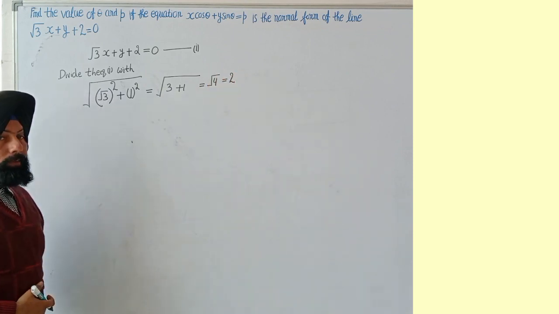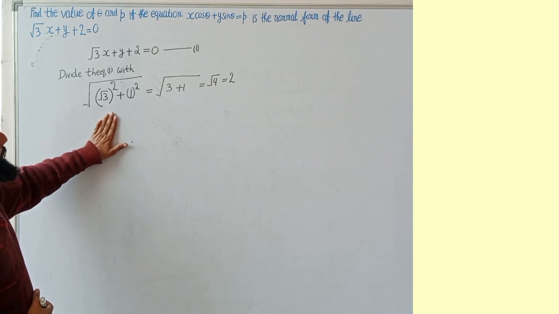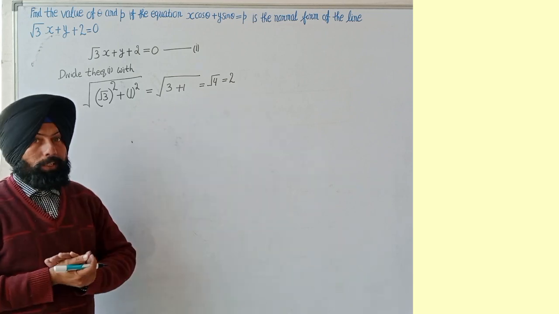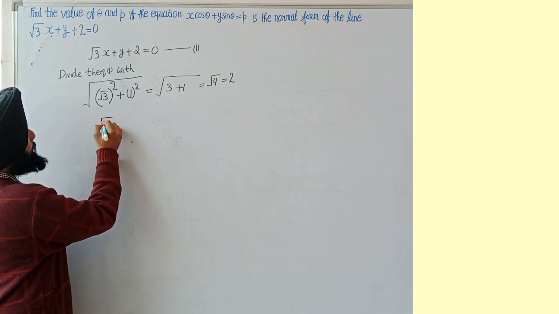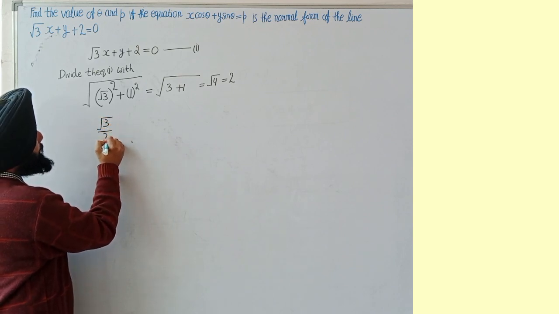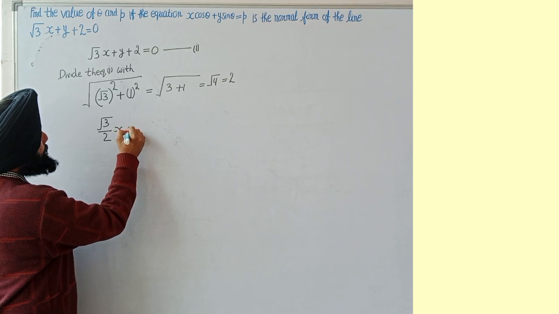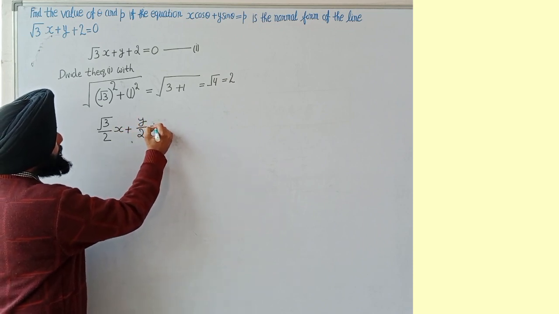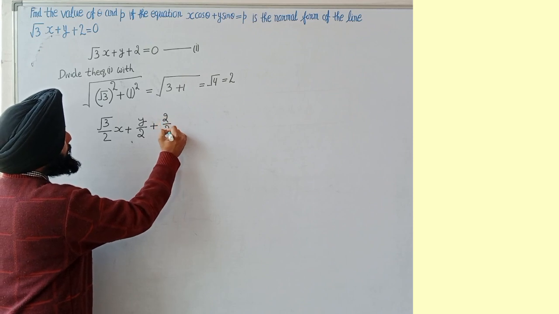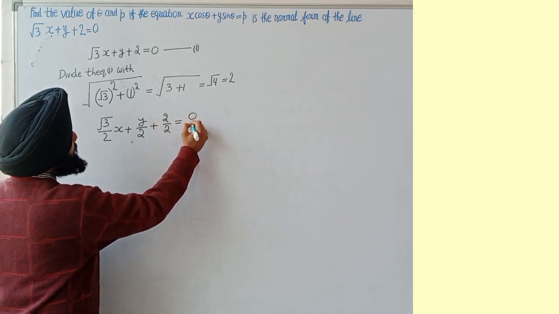Now we will divide the equation 1 by 2. Now this becomes under root 3 over 2x plus y over 2 plus 2 over 2 equal to 0 over 2.